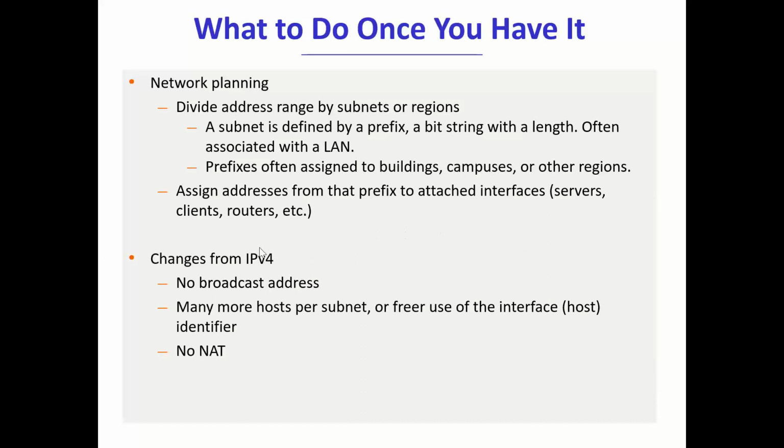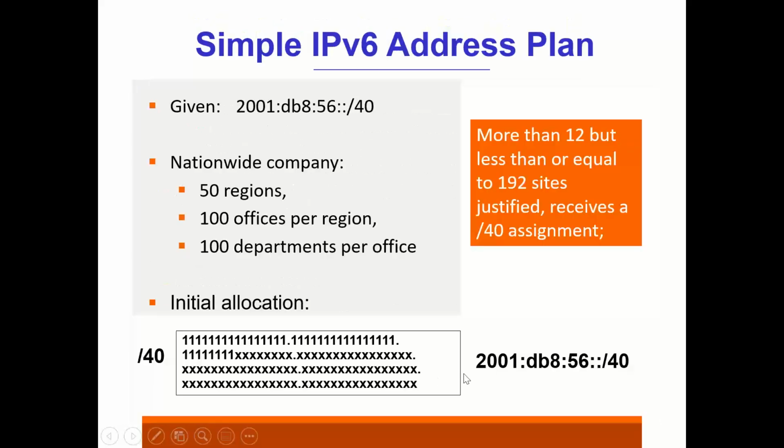And I'll show you how that goes. So know that you don't have 255 hosts per subnet. You've got a lot more. And also you don't have NAT, so that whole thing is gone. I mean, that leads to its own issues in the firewall, but you're not thinking about, I'm going to NAT here, I'm going to NAT there. That is gone.